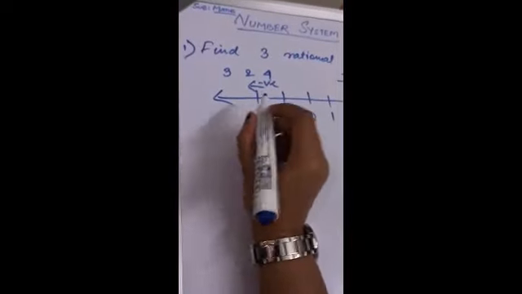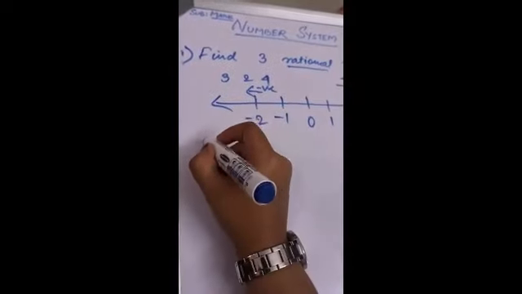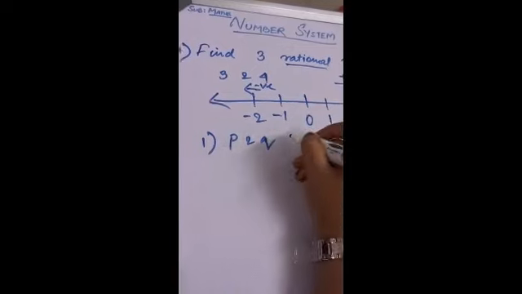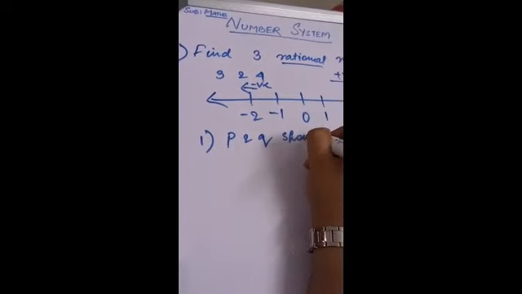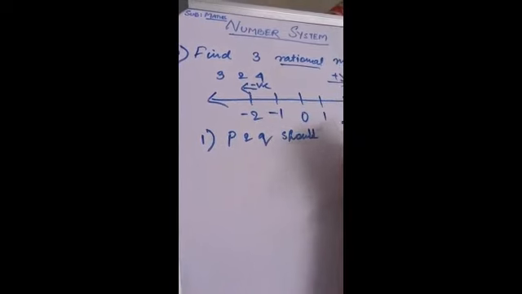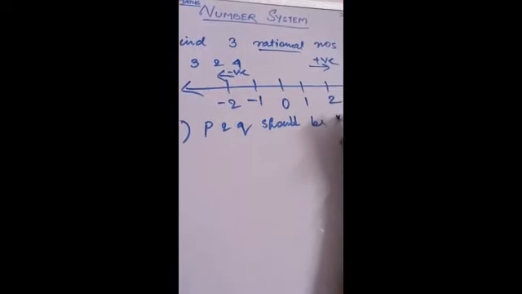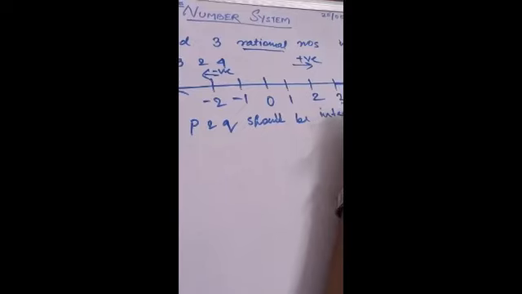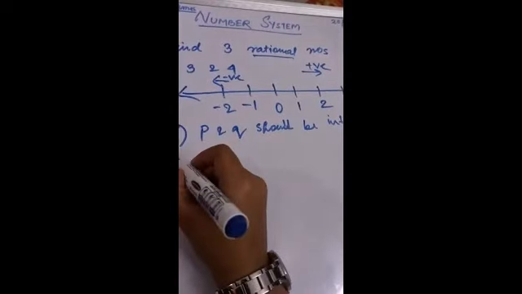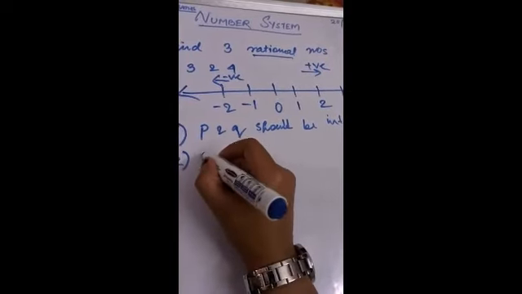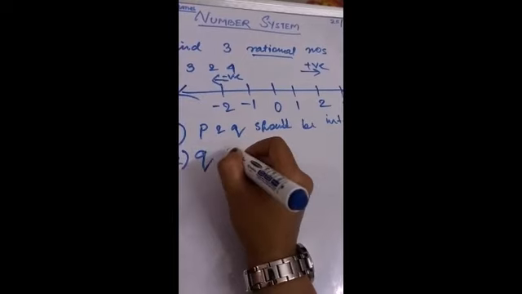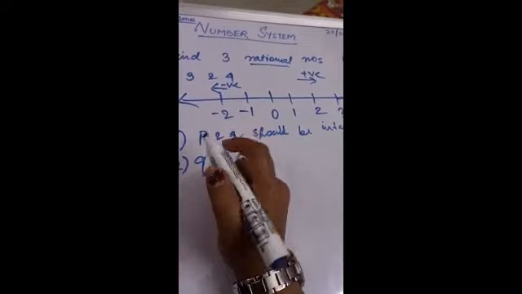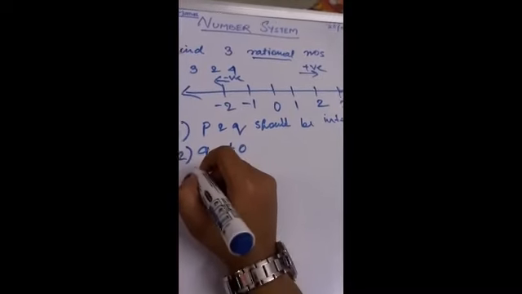For being a rational number, P and Q should be integers, second thing, Q cannot be 0, and P and Q should be co-prime.